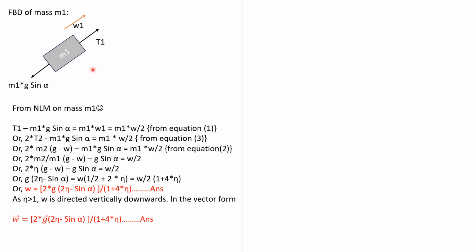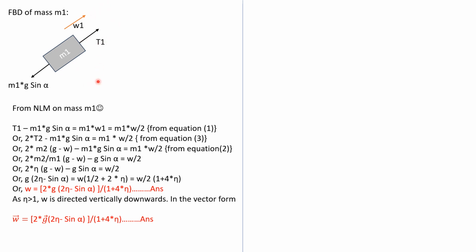We will make the free body diagram of mass M1. On M1, along the inclined plane, M1G sine alpha is the component of the gravitational force acting. T1 is exerted by the thread on mass 1 up along the inclined plane. W1 is the acceleration.